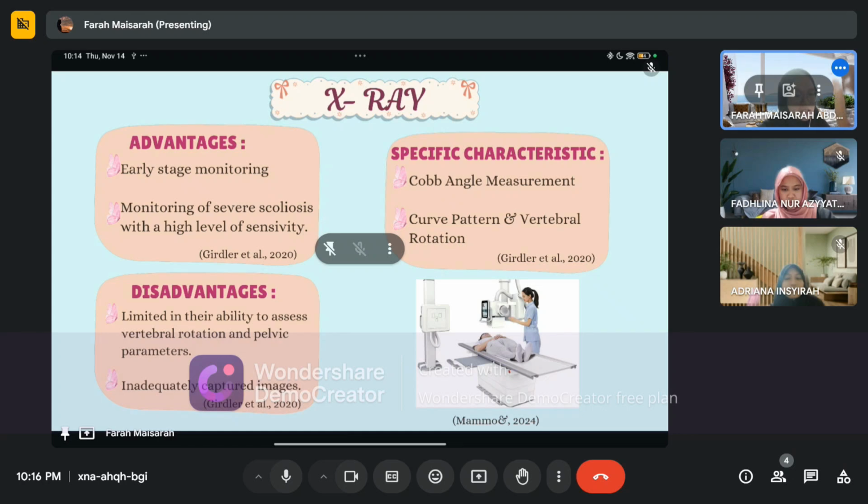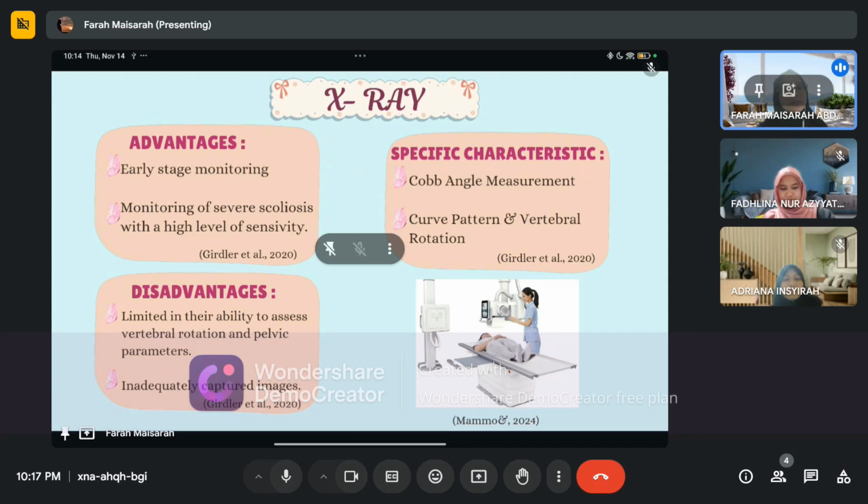It can monitor the severity of scoliosis with a high level of sensitivity, because from that the doctor can count the degree of the angle, which shows whether it's severe or not.